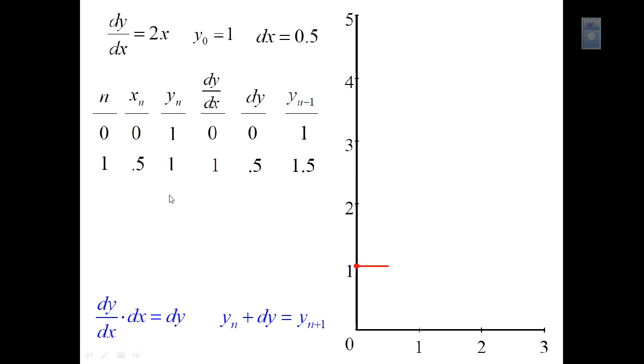All right, so at the beginning of iteration 2, we're going to have the point 1, 1.5. 1 being 0.5 plus the dx, and the 1.5 being 1 plus the dy. So we would plot this point, 1 and 1.5, about right here, and draw our line segment.